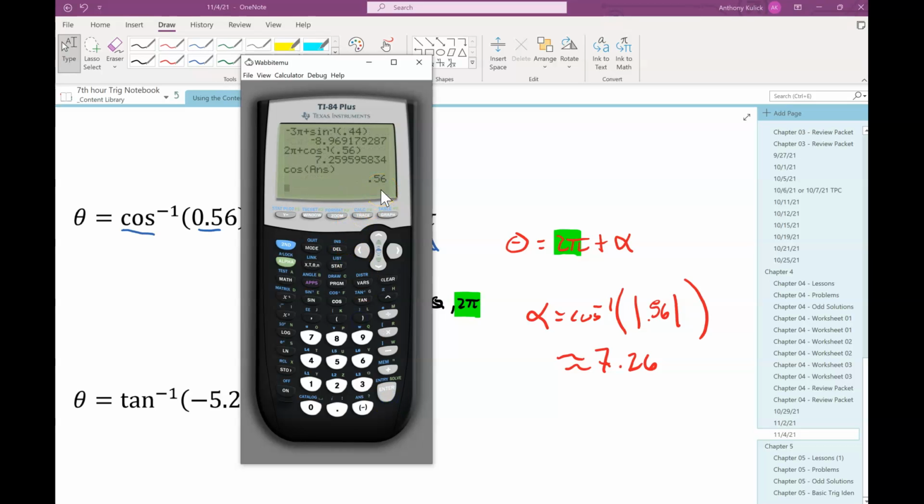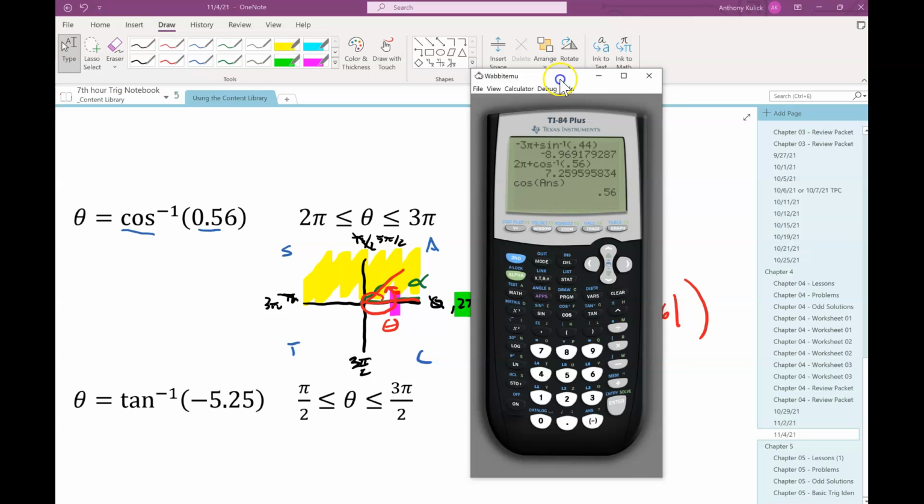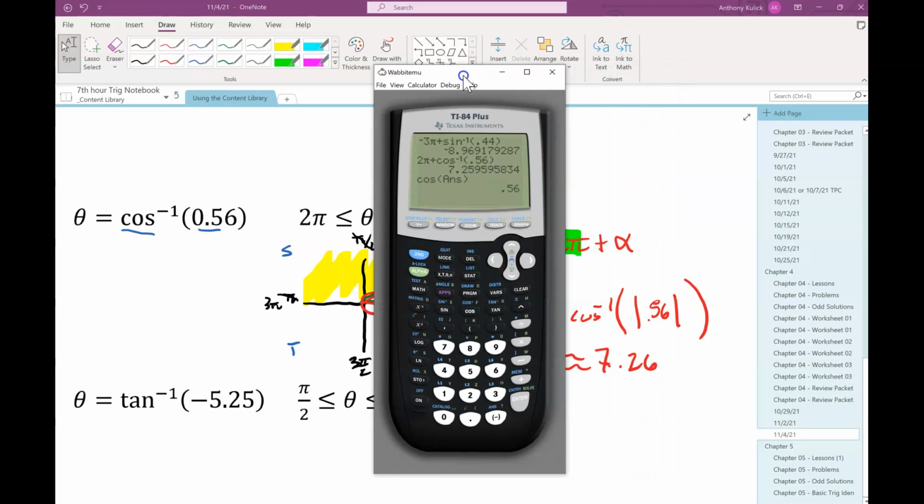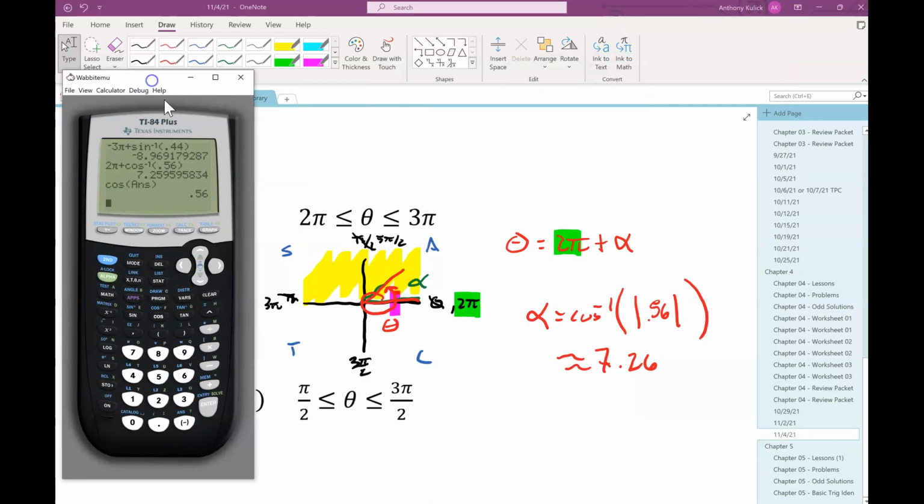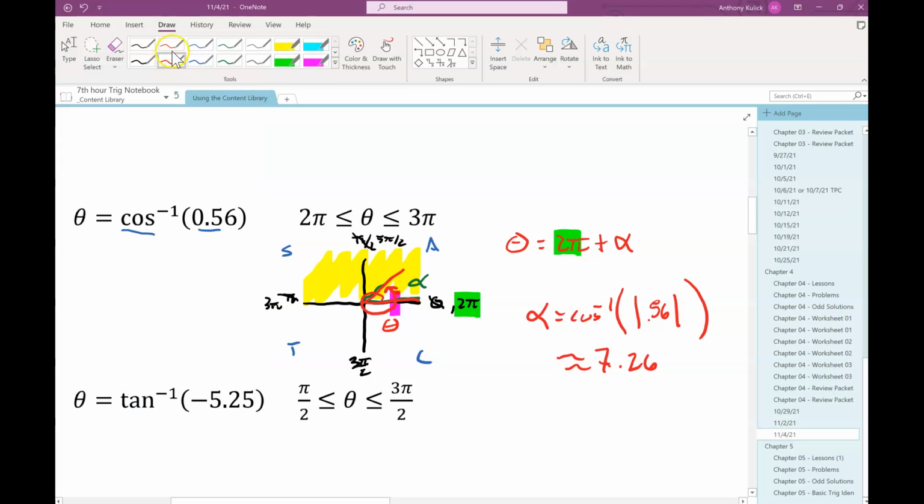It does. And that 7.26 better be between 2 pi and 3 pi. So 2 pi is 6.2 and so on, so it's bigger than that. And 3 pi is about 9.4, and it's smaller than that. So I got my answer. So we're good to go there.